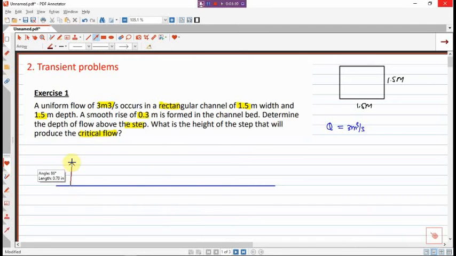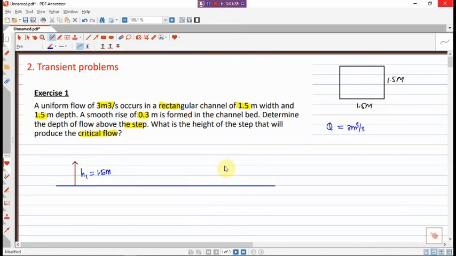And we can assume h1, they gave in the question as 1.5 meter. That is normally the height of the channel.